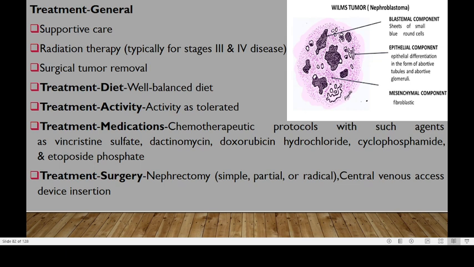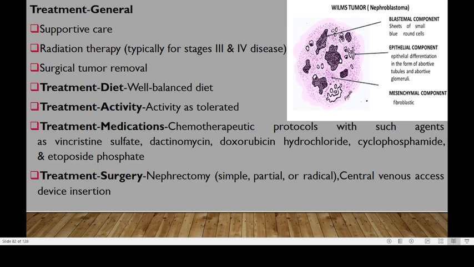Treatment, generally, we have supportive care, radiation therapy, and surgical removal of the tumor. Remember, radiation therapy is typically for stages 3 and 4. In diet, we just do a well-balanced diet, and activity just as tolerated by the child.